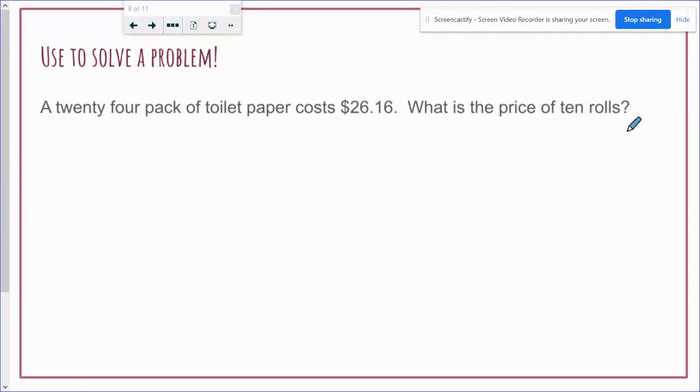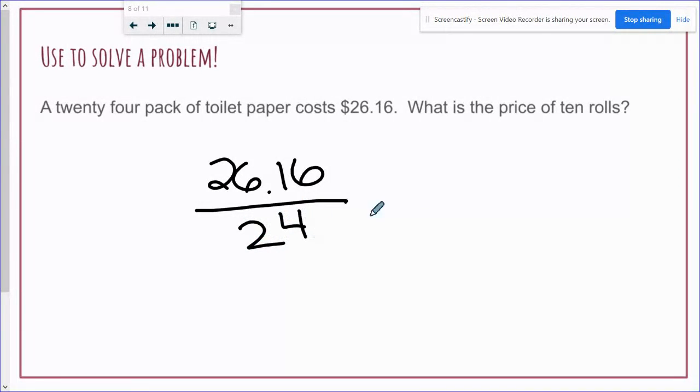All right, let's move along. A 24 pack of toilet paper costs $26.16. What is the price of 10 rolls? So this is going to be a situation where we are going to use our unit rate. We're going to find our unit rate and then use it to get to 10 rolls, because we cannot directly go from 24 to 10.